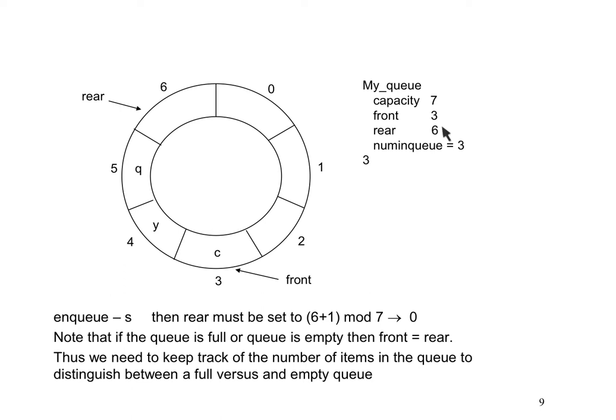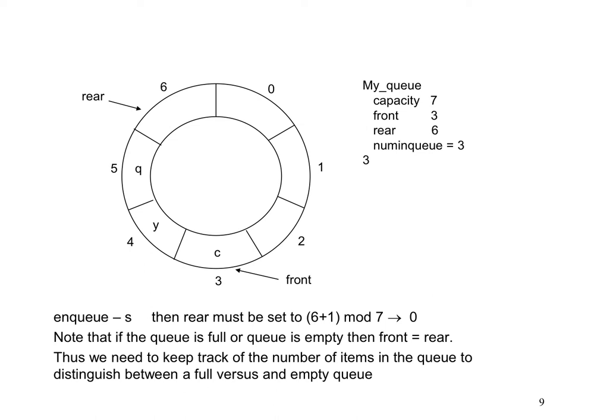And then we'll have a rear that points to the next slot where you'll enqueue the next item. And then we'll have a variable that keeps track of the number in the queue. And I'll talk about why we need this in a second. Notice that this 3 is equal to rear minus front in most obvious cases.